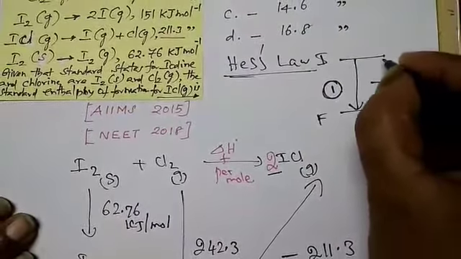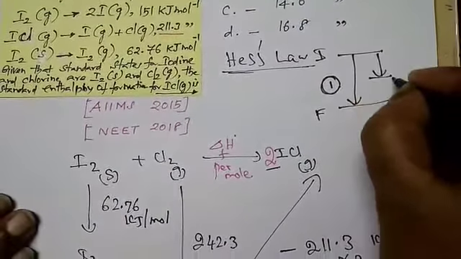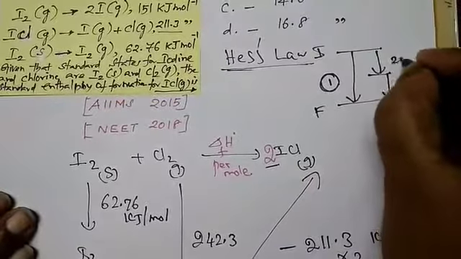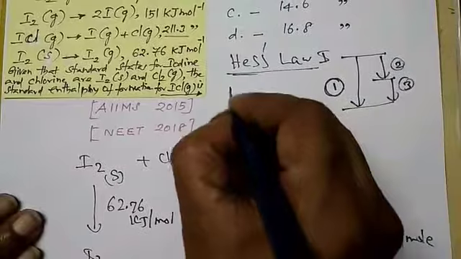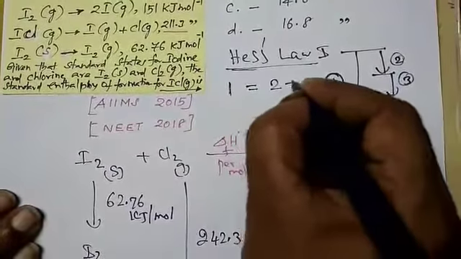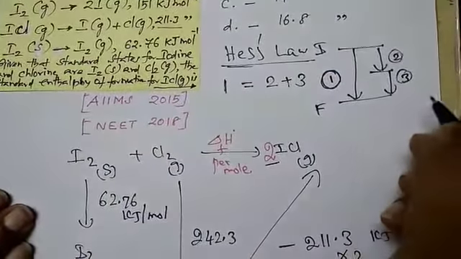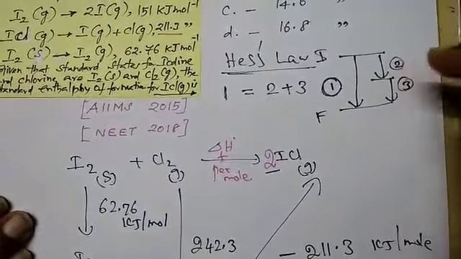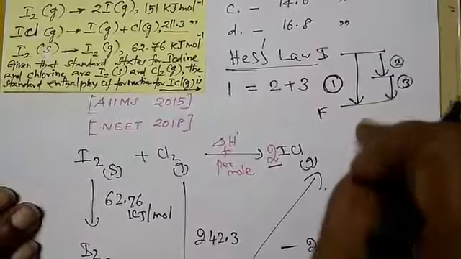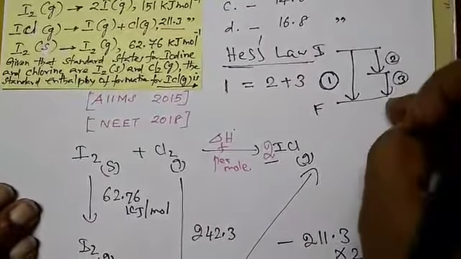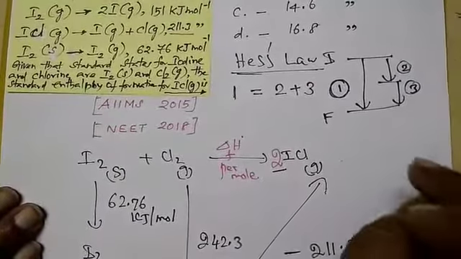The same change taking place in terms of 2 steps: this is the first step and this is the second step. So what I want to say is the value of 1 is equal to the addition of 2 plus 3. So the sum of the small steps is equal to that of a single step when the reactants and products are in the same change.